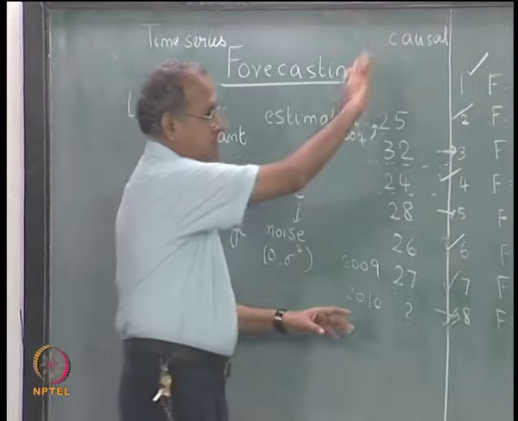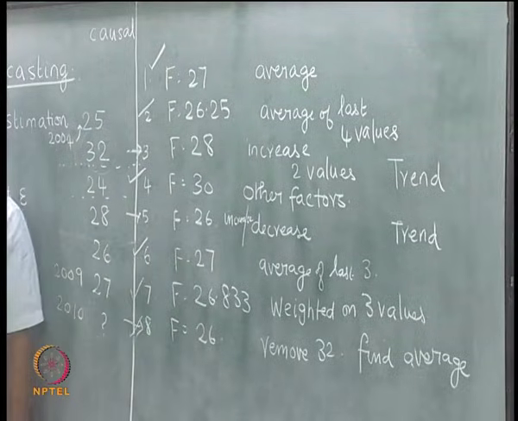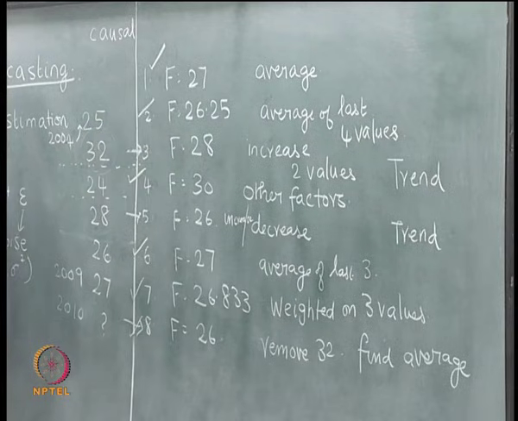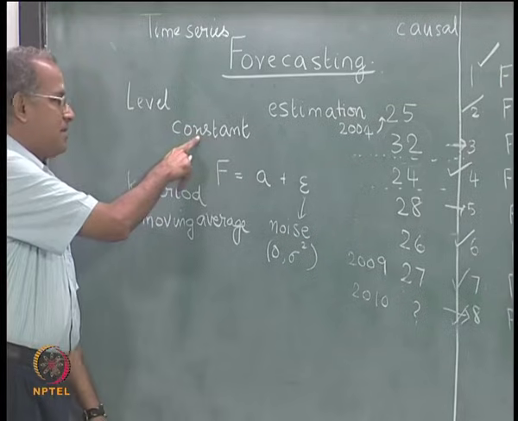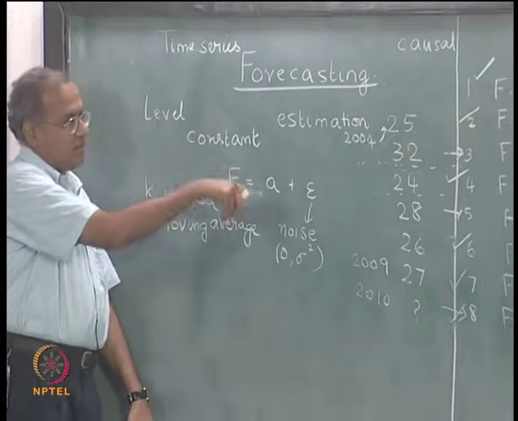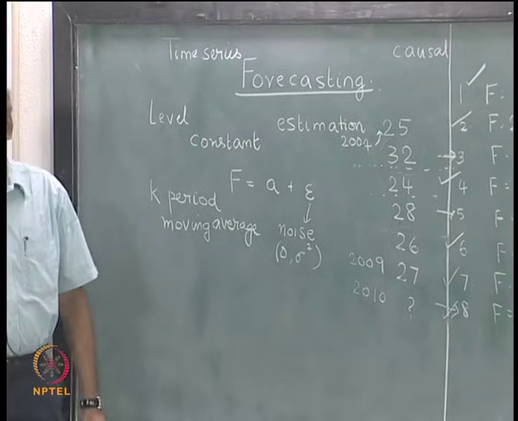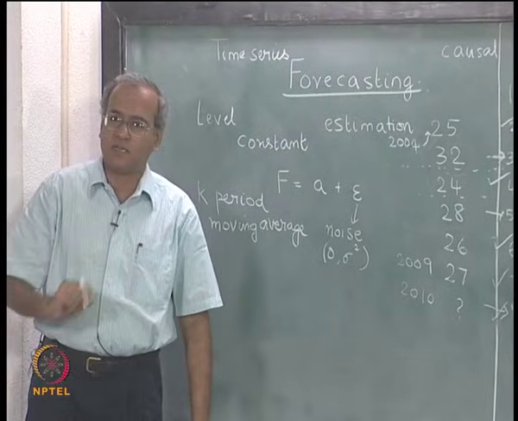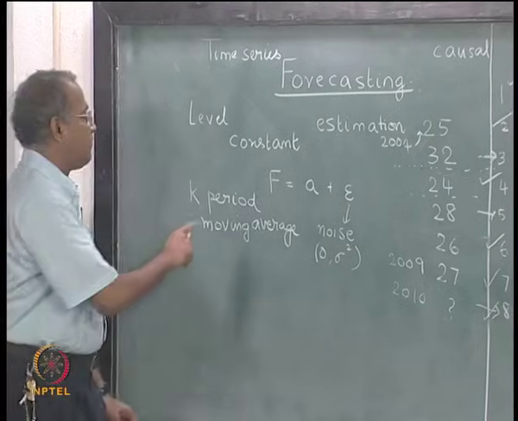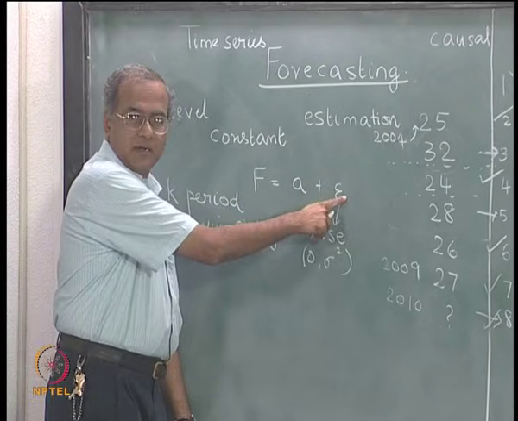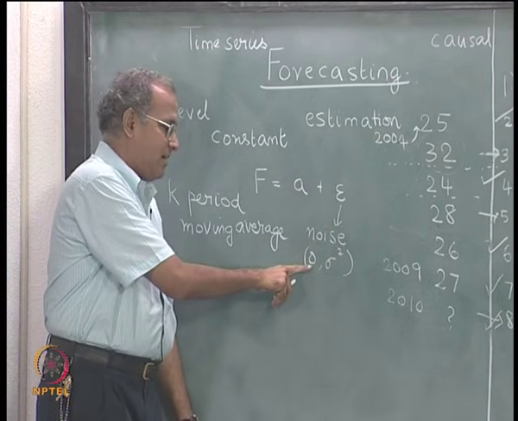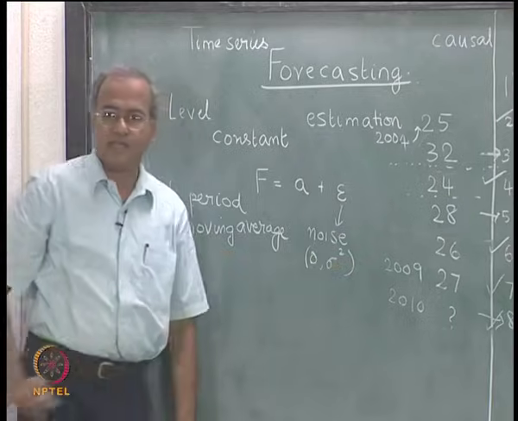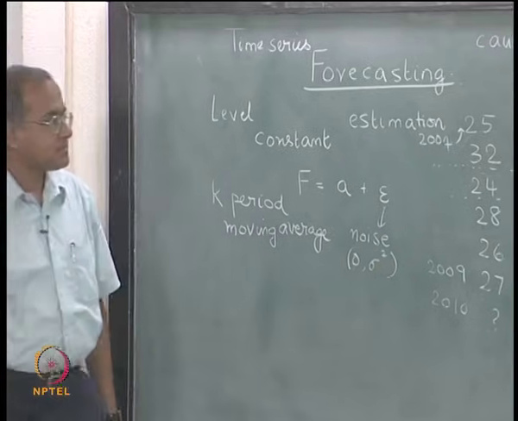So, these represent different kinds of thinking, but largely centered around average, which represents that the assumption behind here is that it represents a constant or a level model, and whatever variation we have is attributed to noise or statistical fluctuation, and we are trying to forecast f is equal to a plus epsilon, where epsilon represents the noise or the variability, and which has a mean of 0 and it has a variance of sigma square.